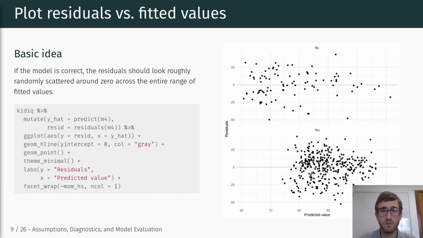The residuals are kind of randomly scattered, centered around 0, and there's no sign of, for example, heteroscedasticity, where we would have a larger variance for some area and a smaller variance for another area, or nonlinearity, where we have clear, systematic patterns where residuals are more likely to be positive for some range and more likely to be negative for another range, or something like that, right? So as long as this looks fairly randomly scattered, we're fairly confident that at least these basic assumptions about the regression model hold.